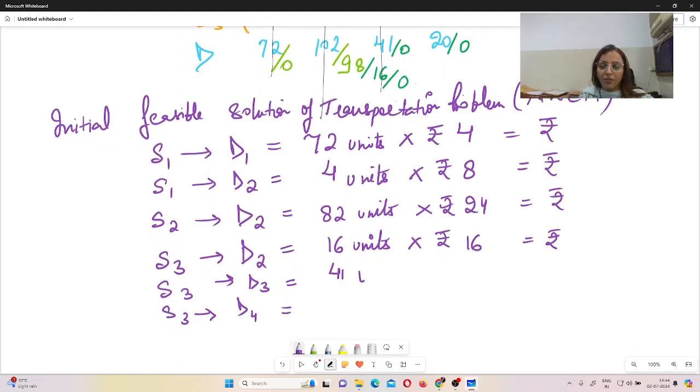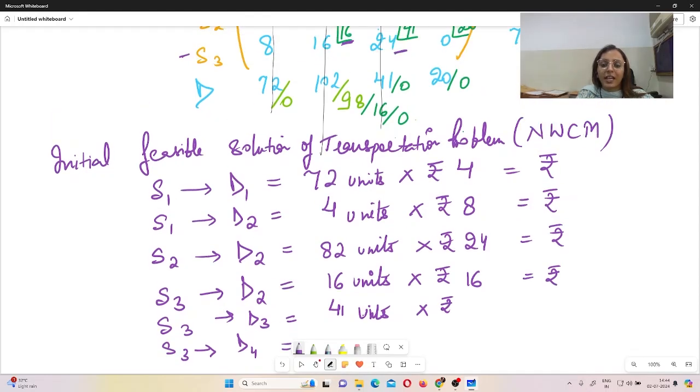So write 41 units and multiply by 24. And from this, we transferred the last 20 units, and the cost for 20 units, as it is a dummy, is 0.